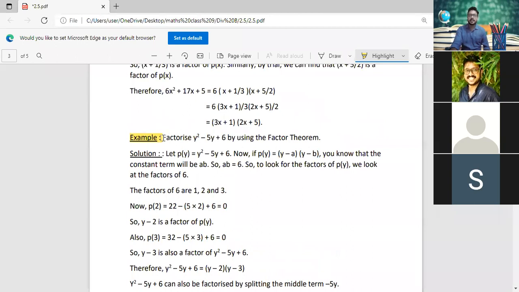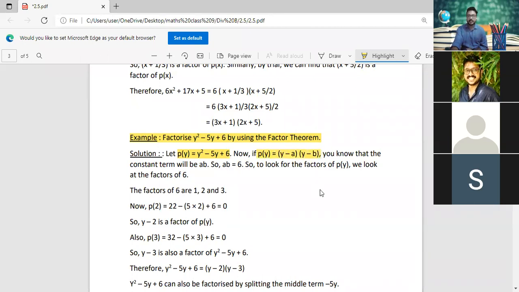The question is: factorize y squared minus 5y plus 6. A polynomial is given. You have to use the factor theorem to factorize this polynomial. So how can we use the factor theorem to solve it? First of all, we name this polynomial p of y. Now we suppose p of y is equal to y minus a into y minus b.